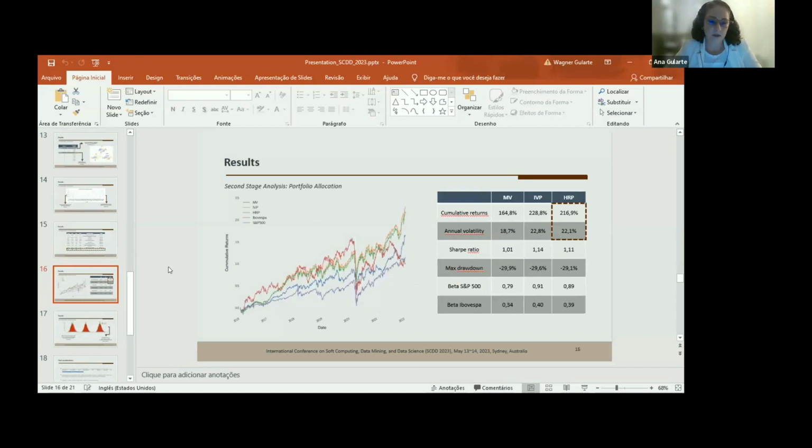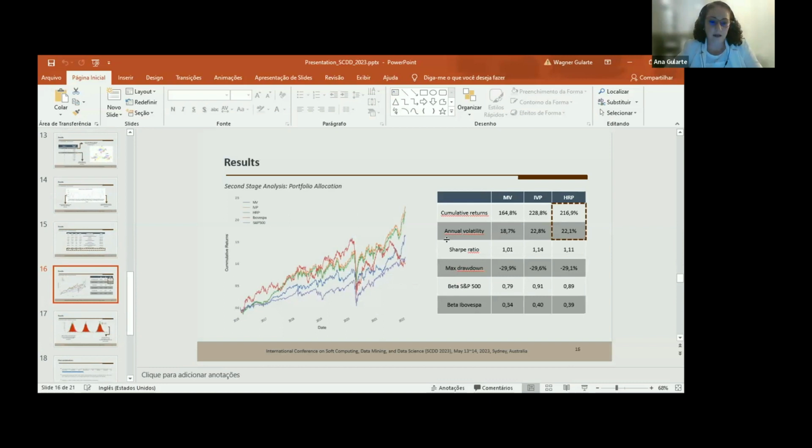In the graph, the three portfolios outperformed the S&P 500 and Ibovespa regarding the accumulated return.